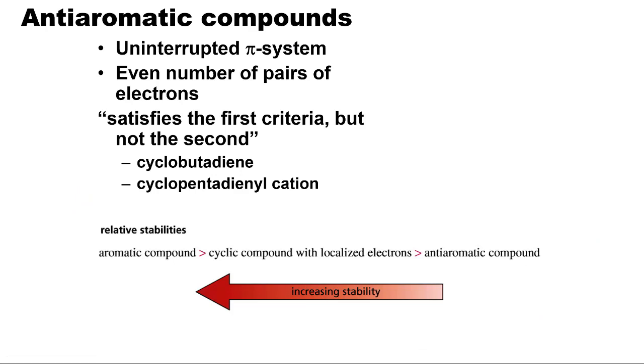For a molecule to be anti-aromatic, it basically satisfies the first criterion, an uninterrupted pi system, so that's flat and continuously conjugated, but it has an even number of electrons in it. And it turns out that anti-aromatic compounds are much less stable than even normal non-aromatic compounds.